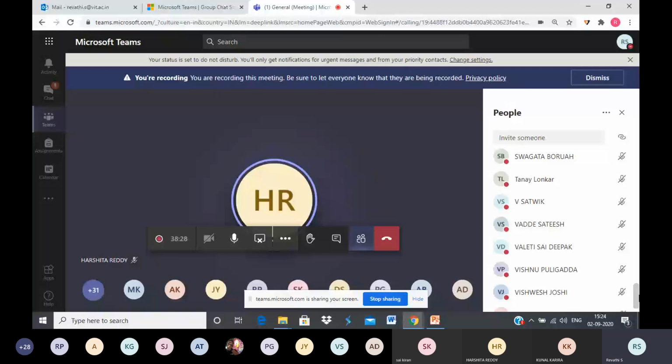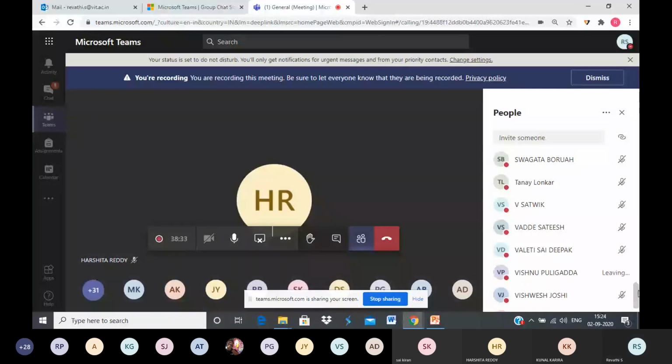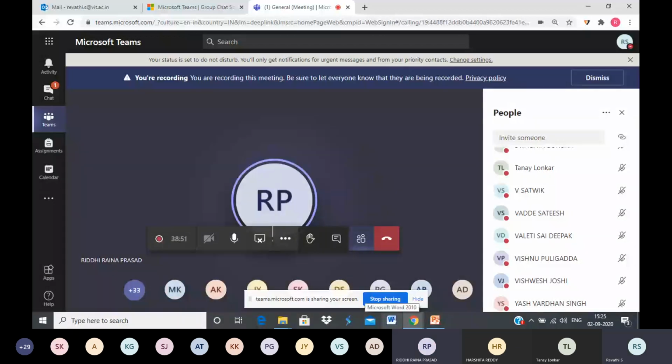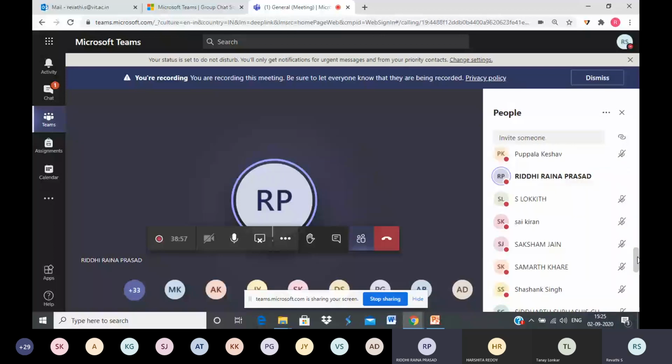Tanay. What are the three phases? What I have told just now. Pre-assessment phase, assessment phase, and post-assessment phase. Riddhi, very good.